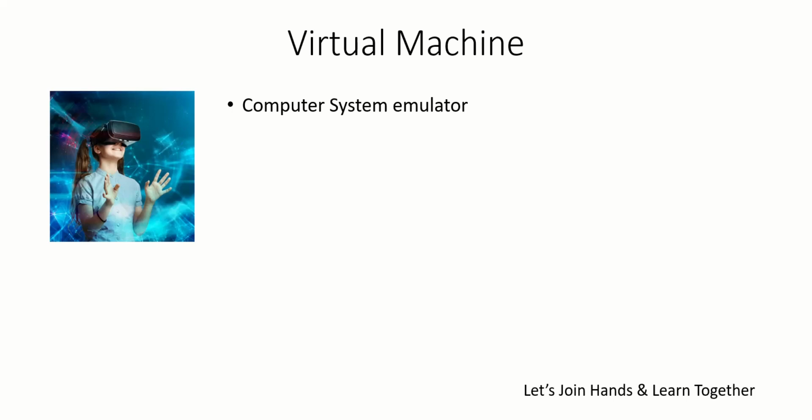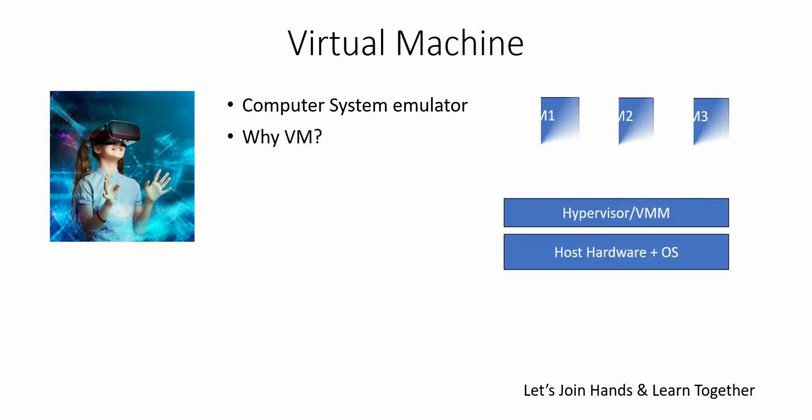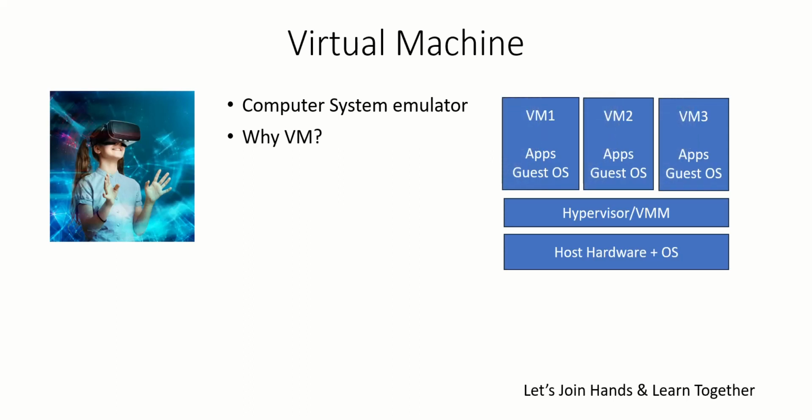The emulator is nothing but mimicking the hardware and operating system, the platform behavior. That is what an emulator does, and that is what a virtual machine is. If you see the architecture of a virtual machine, it has host hardware with an operating system, which is the real one. On top of it we have a hypervisor, also called a virtual machine monitor.